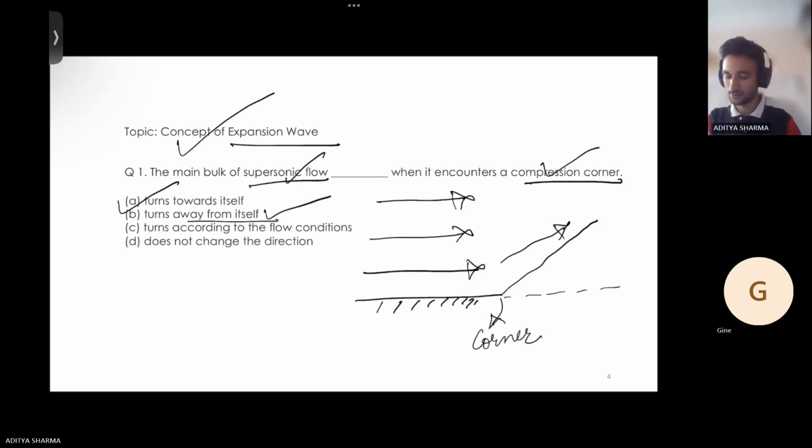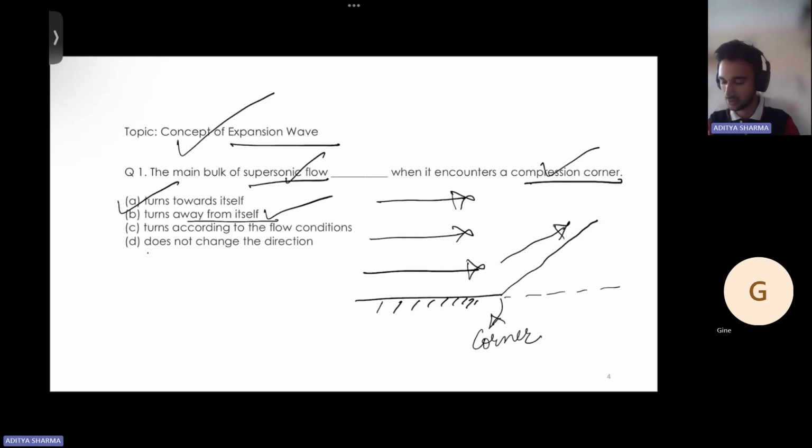Then there is turns according to the flow conditions, saying this type of compression can happen by either moving the corner upwards or downward, but that is not right.